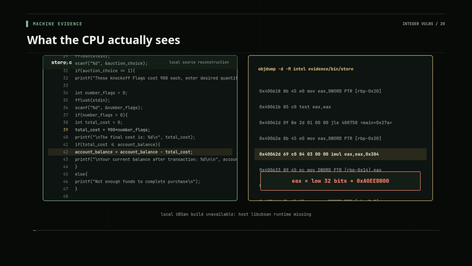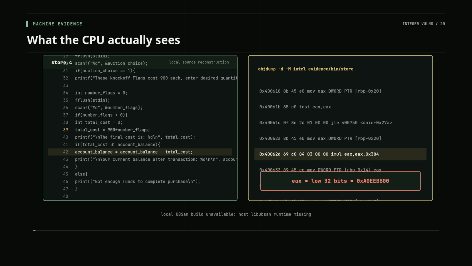Source code says total cost equals 900 times number of flags. But the CPU does not know flags. It knows registers, it knows multiplication, it knows that a register has a fixed width. So in this local reconstruction, we compile the supplied source and open the disassembly.